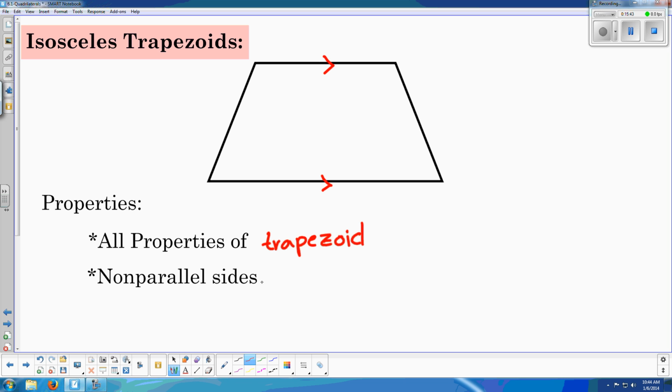We also know that our non-parallel sides are congruent. So that means I know in an isosceles trapezoid that this is congruent to this. You can also remember this because if we have an isosceles triangle, we know that these two sides are congruent. Same type of deal with the trapezoid, except we just cut the top off.